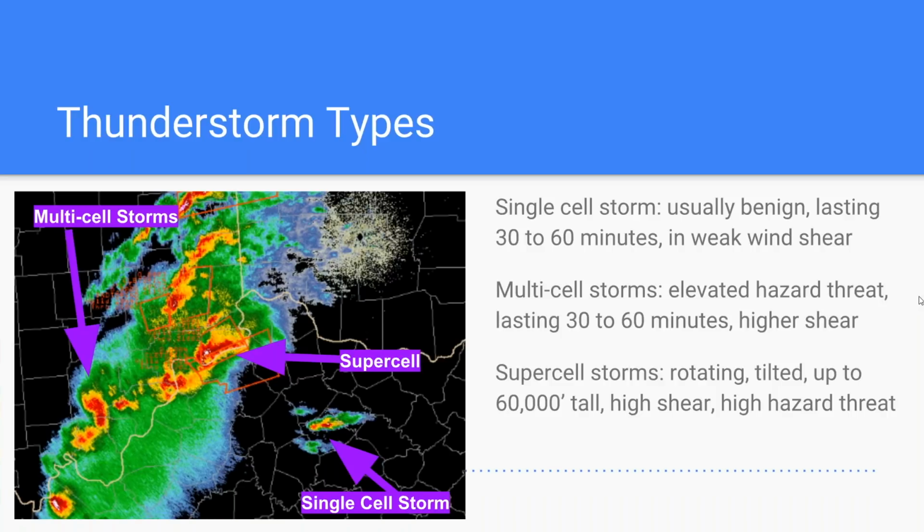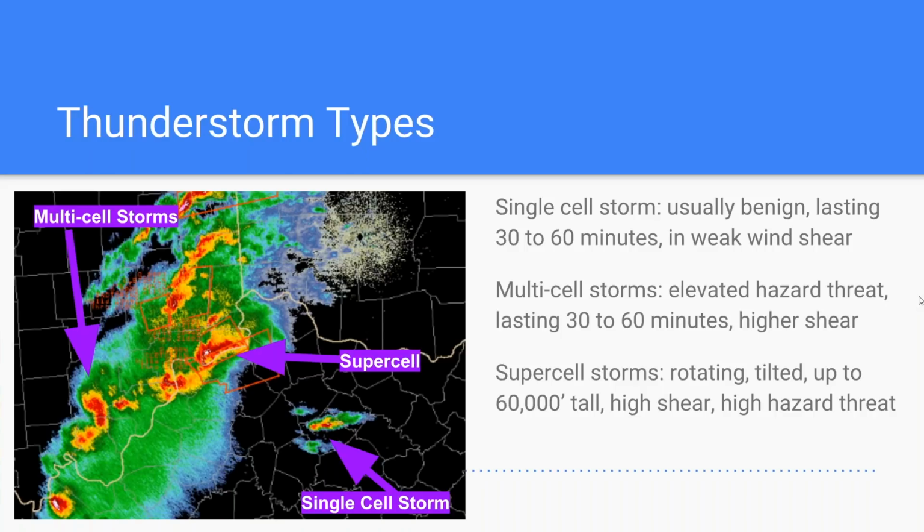And typically we find these single cell storms in weak or weaker wind shear. That's not always the case. Sometimes we can get a single individual thunderstorm that packs a bigger punch. But on a day where we have relatively weak wind shear, which we'll discuss more in a moment, we're looking at single cell pop-up storms that last about 30 to 60 minutes.